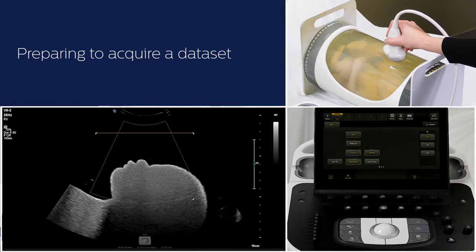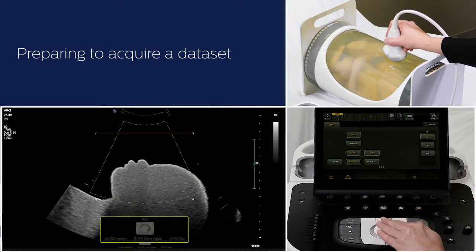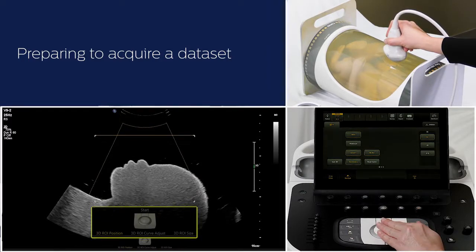A region of interest box or ROI appears, and on the bottom of the monitor, you will see three options below the trackball diagram: 3D ROI position, 3D ROI curve adjust, and 3D ROI size.